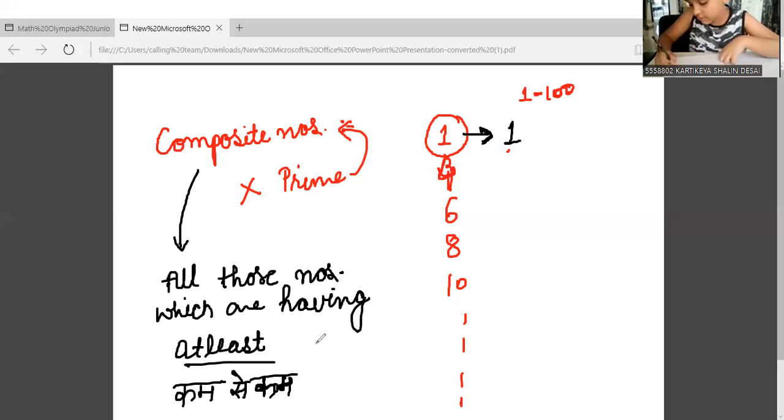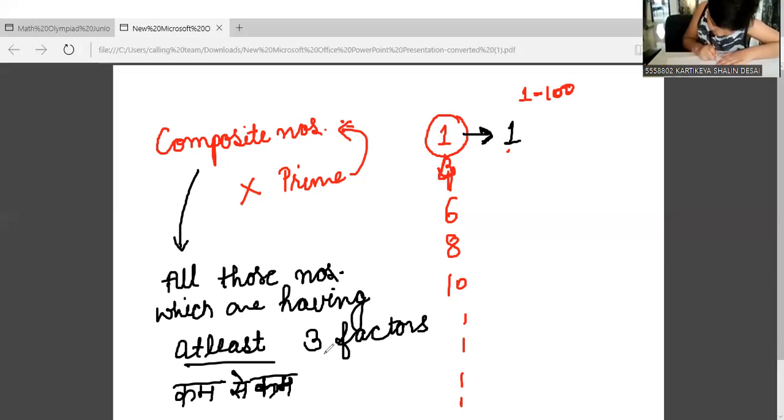So all those numbers which are having at least 3 factors. 3 or more than 3 factors. Either you will say 3 or more than 3 factors, or you will say at least 3 factors. When you are saying at least 3 factors, both the things are already included here: exactly 3 as well as more than 3.